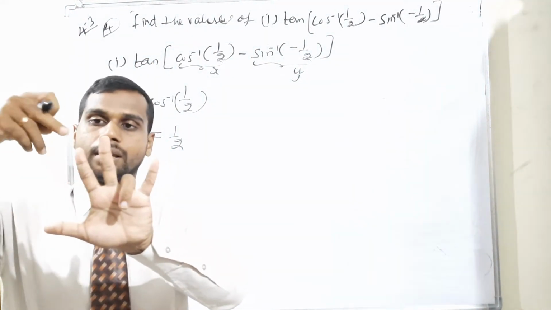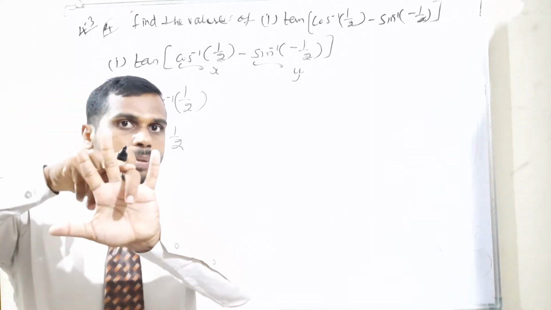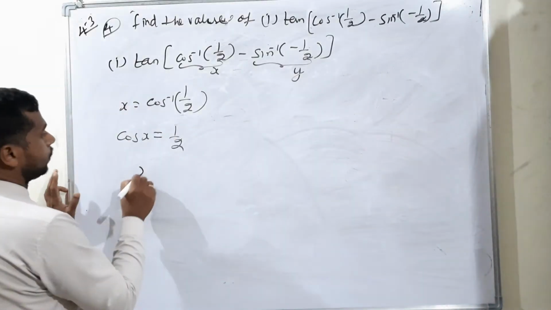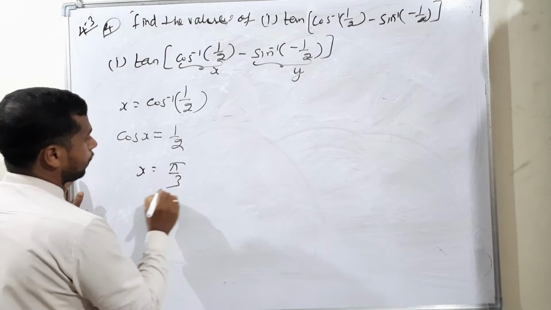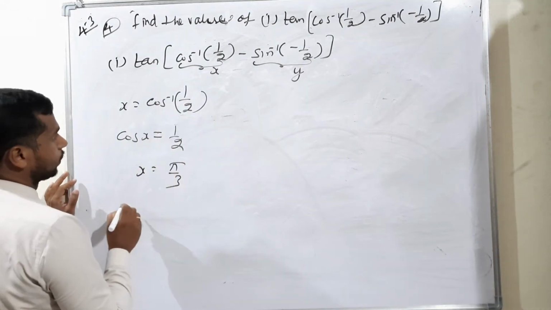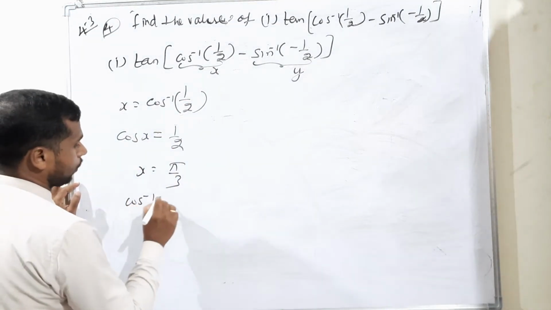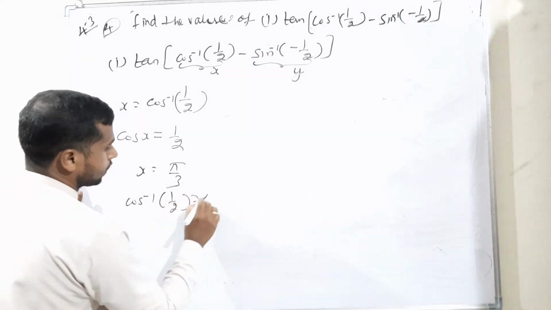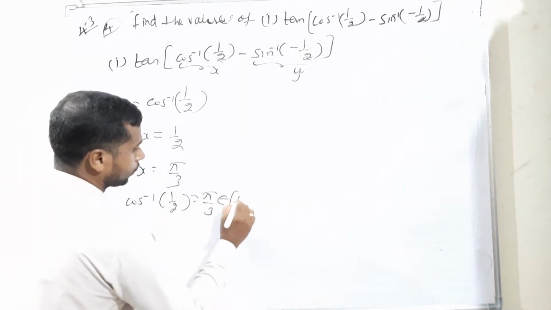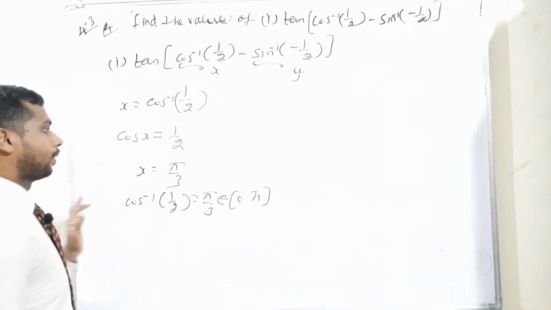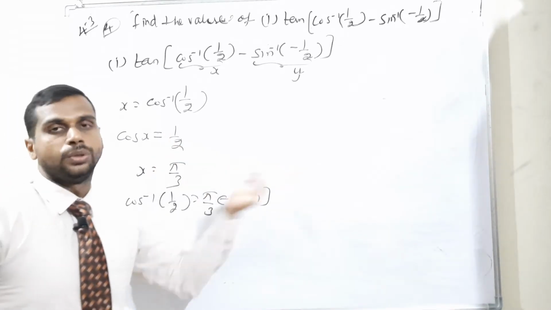Ring finger means pi by 6, pi by 4, pi by 3. Therefore, x is equal to pi by 3. X is cos inverse of 1 by 2, which means pi by 3, and it belongs to 0 to pi. Okay, because it is positive, no need to draw the unit circle.